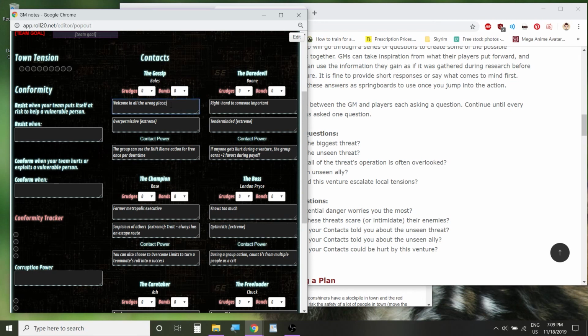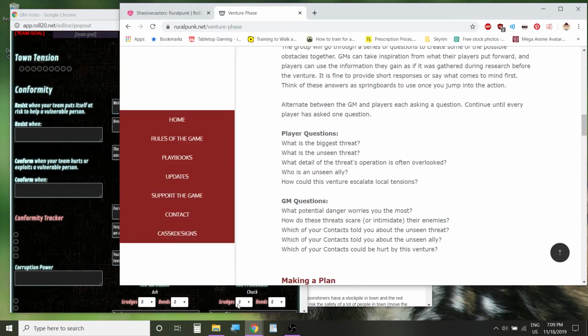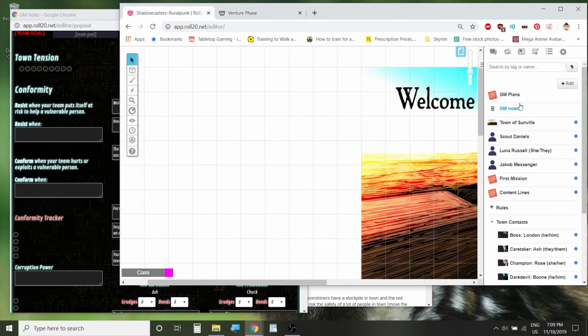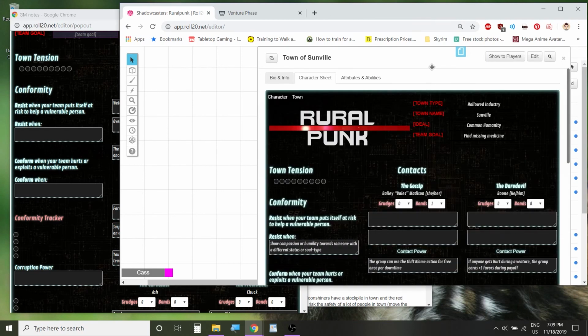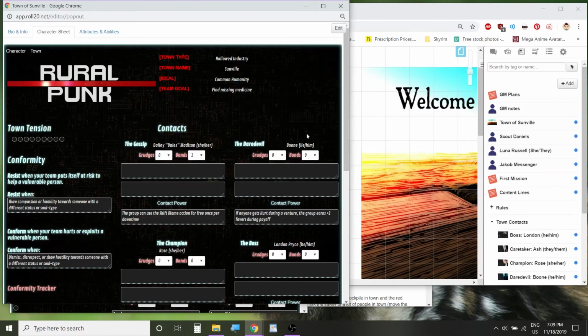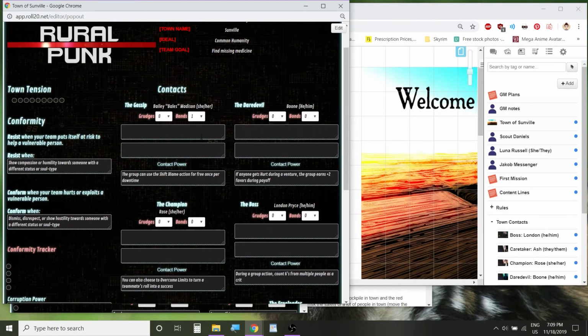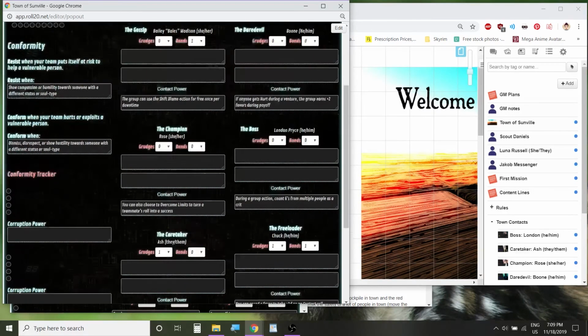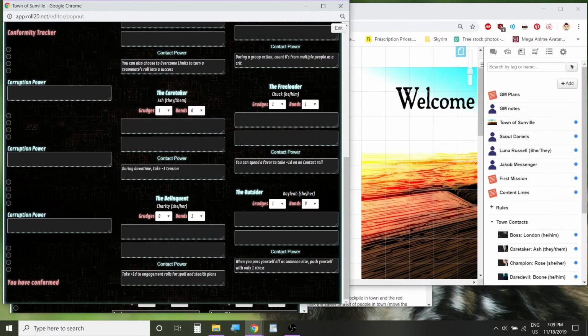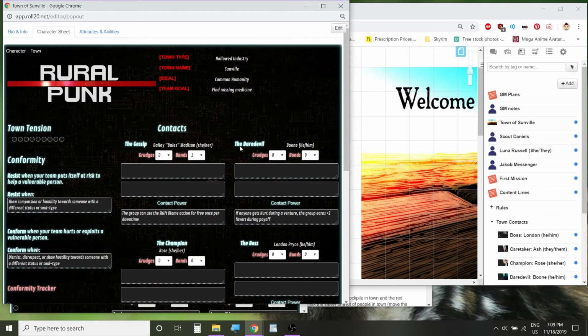The players can't see any of these traits yet. What the players see is, let's go to the town. The players see blank. They can see their bonds, they can see the power they'll eventually get, but they can't see any of the traits. They don't know these things about them yet. So the rule is, as long as the players don't know yet, you can change it.